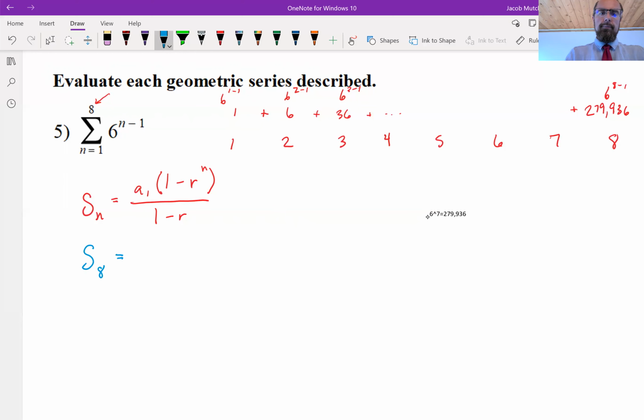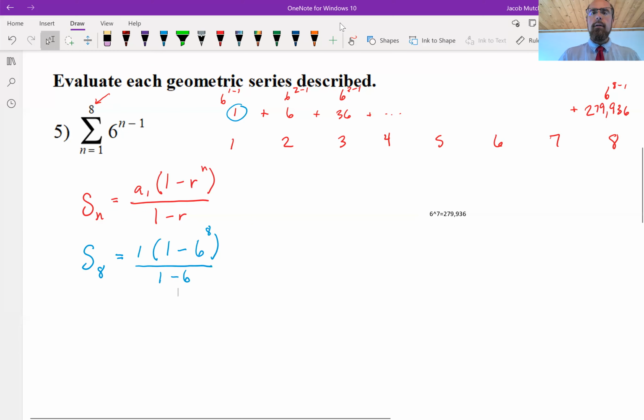My first term was 1 times 1 minus the common ratio, which is 6, since I'm multiplying by 6 each time, to the power of 8, divided by 1 minus 6. So again, to calculate this sum, I just need to take this to a graphing calculator or a scientific calculator, plug in, and evaluate. So we'll head over to Desmos.